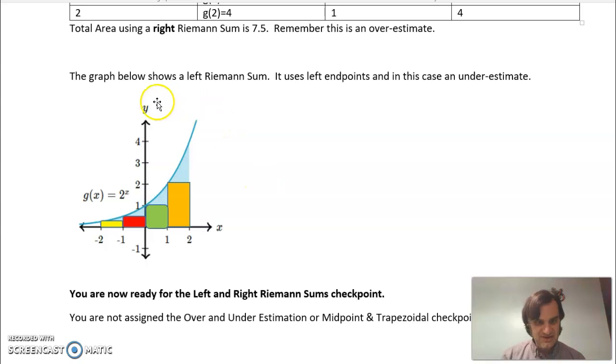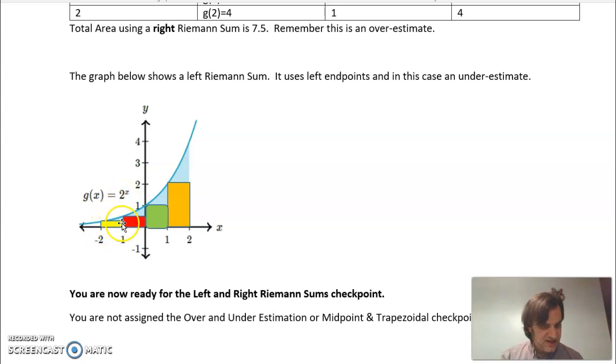So if I was to draw a figure that used the left side, because this graph could go any different way, and if we're going to overestimate, it seems that we could also underestimate. I didn't make a table for it, but negative 2 would be the point that we'd use to get the height of the first rectangle, which if I plug negative 2 into 2 to the x, it would give me 1/4.